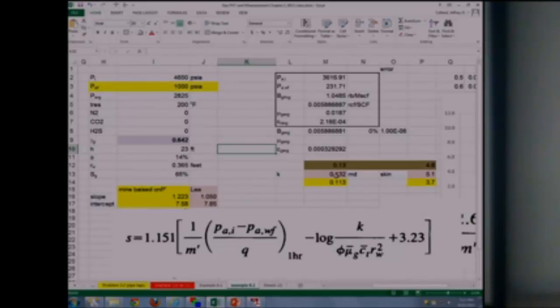Using what I think they use as a slope, to two significant digits, I'm getting the exact same number. I can't quite match, using the same slope, exactly what they're getting for skin.